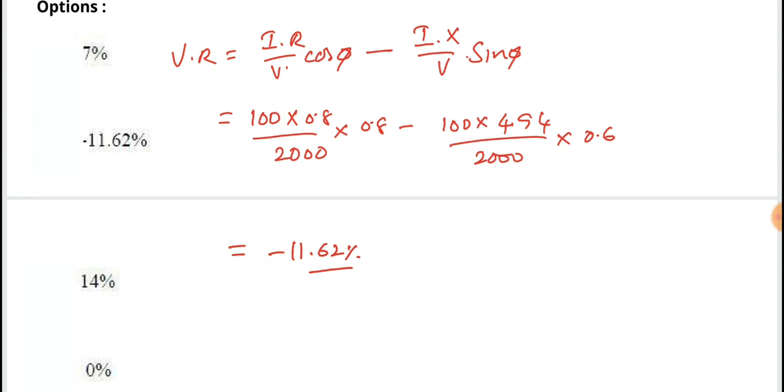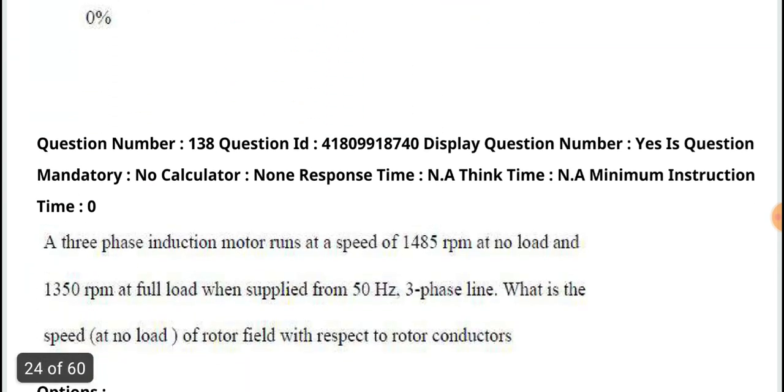Or simply by looking at the options we can say negative. Why? Because a negative value of voltage regulation occurs at leading power factors only. So without doing the calculations, you can simply guess the answer. Suppose if there are two minus values, then you have to do calculations, but in this type of question you have to use some logic, that's it. If you think logically, you will get the answer.